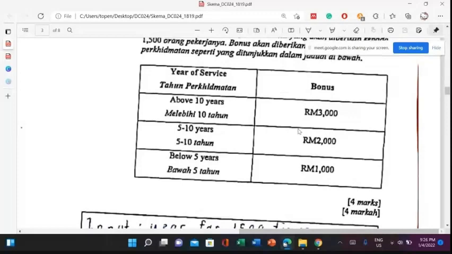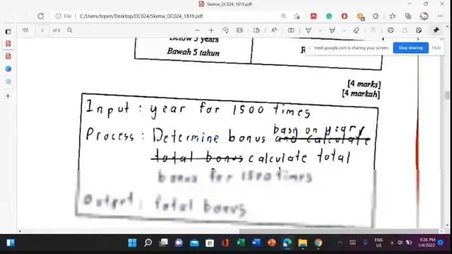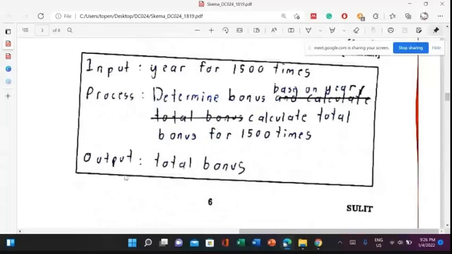Okay, maybe the first employee or staff year of service is 15 years. So his or her bonus is 3,000. The next staff maybe only started working for 1 year. So his or her bonus is 1,000 only. And after that, our output is total bonus.